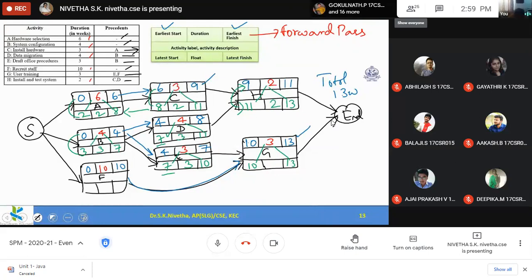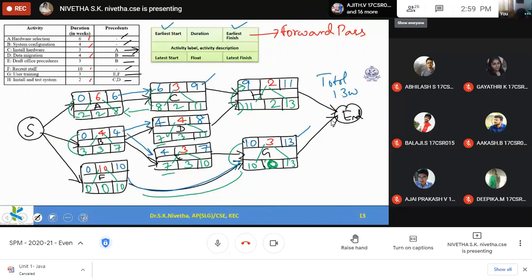And here, this is to be started at 10. So here also 10. 10 minus 10 becomes 0 and this is also 0. And here 13 minus 3 becomes 10. 10 minus 10 becomes 0.